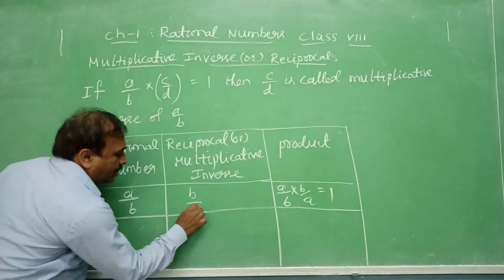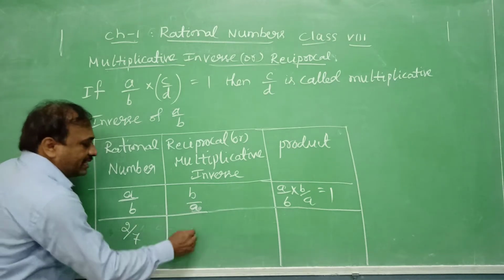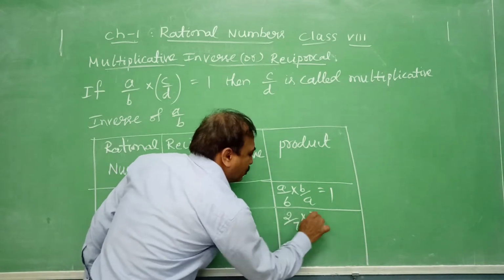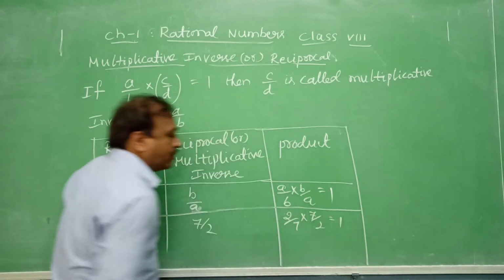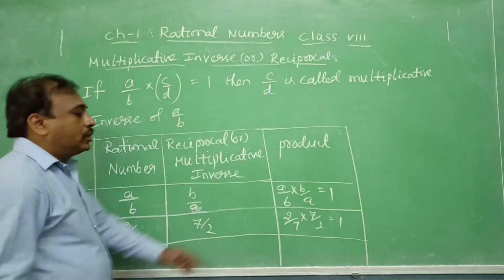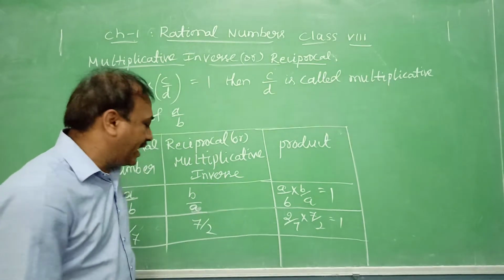Next, another one you see, 2 by 7, reciprocal 7 by 2. So 2 by 7 into 7 by 2 will be equal to 1. How is it equal to 1? Because 2 sevens are 14 and 7 twos are 14, 14 by 14 is equal to 1.